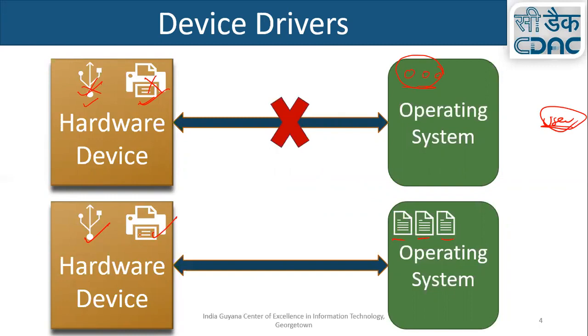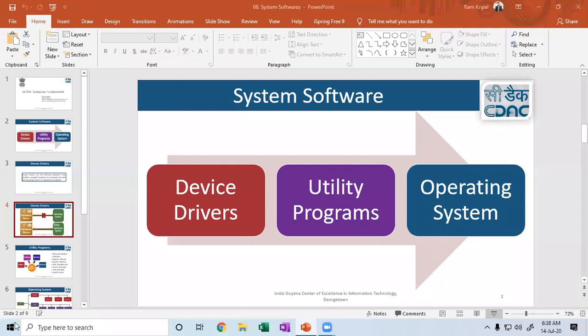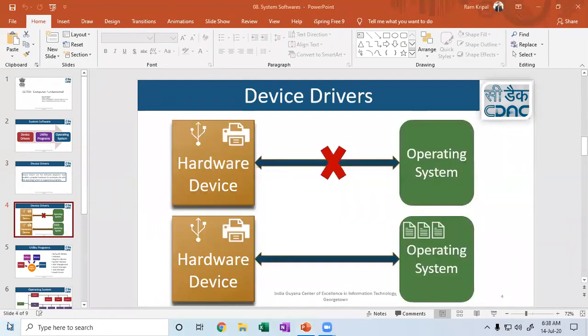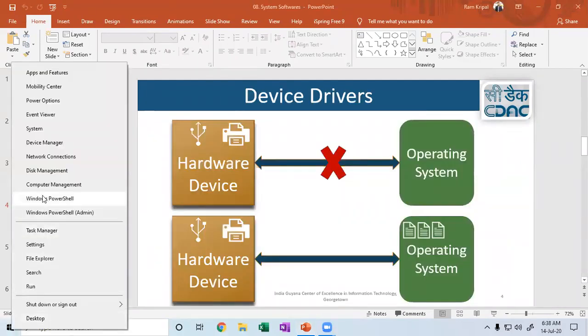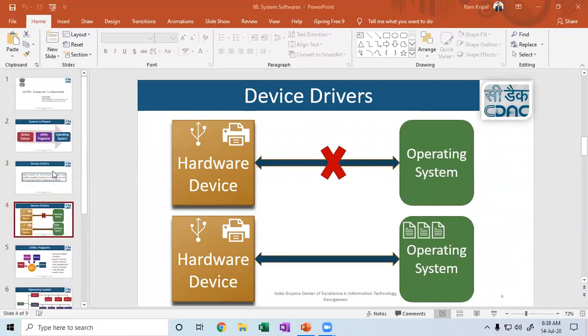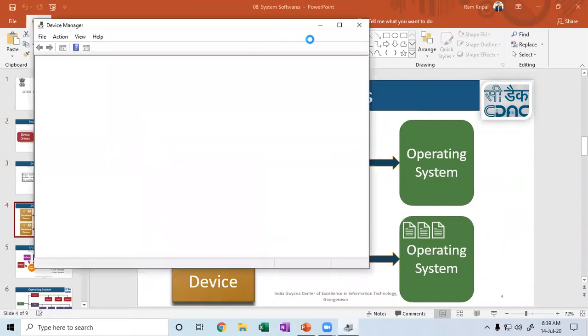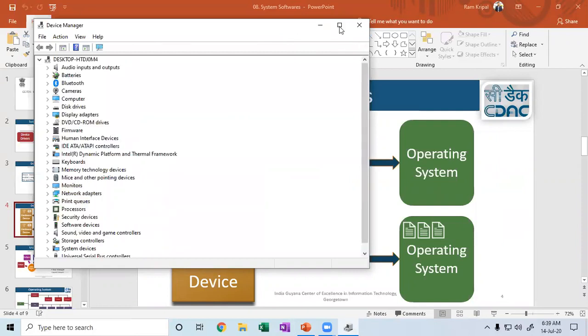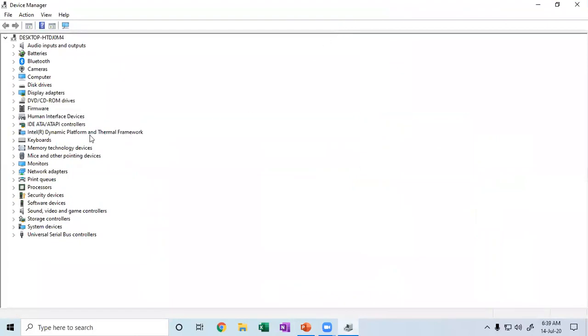Let me show you how many device drivers you already have in your system. If you open your device manager, you can see all the devices listed inside the system.